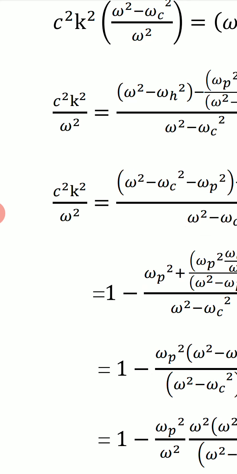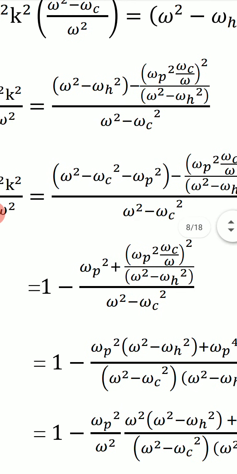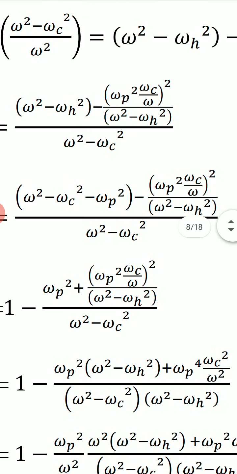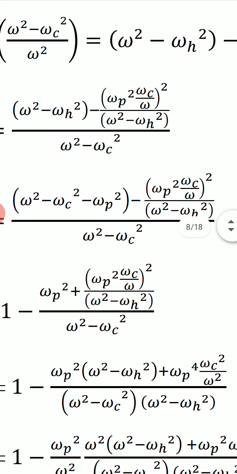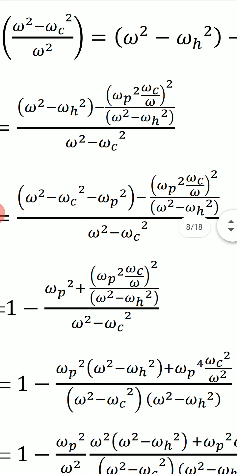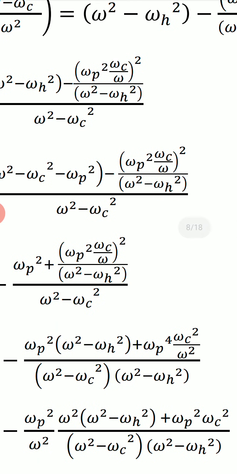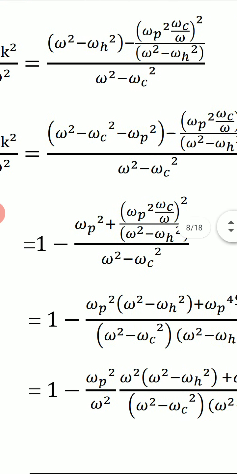Now c square k square upon omega square will become equal to omega square minus, right here the value of omega h square. Omega h square we assume as omega c square plus omega p square. So the first term in the right hand side in numerator will become omega square minus omega c square minus omega p square. Other terms are same.